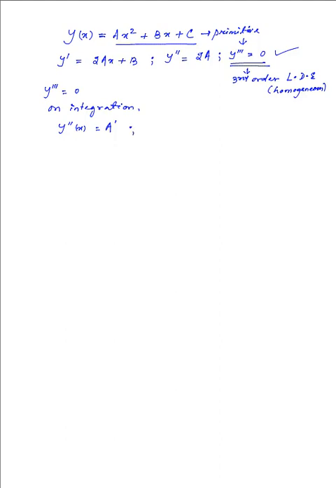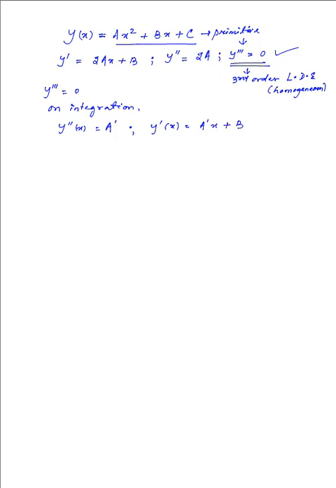Then again, if we further integrate it, we get y prime of x. Obviously we need not be writing x every time because we know that we are integrating. Just for the sake of integration, I have included the x over here, but I had not done so on the previous occasion while taking the derivative. So y prime x is going to be a prime multiplied with x, and also we add an integration constant.